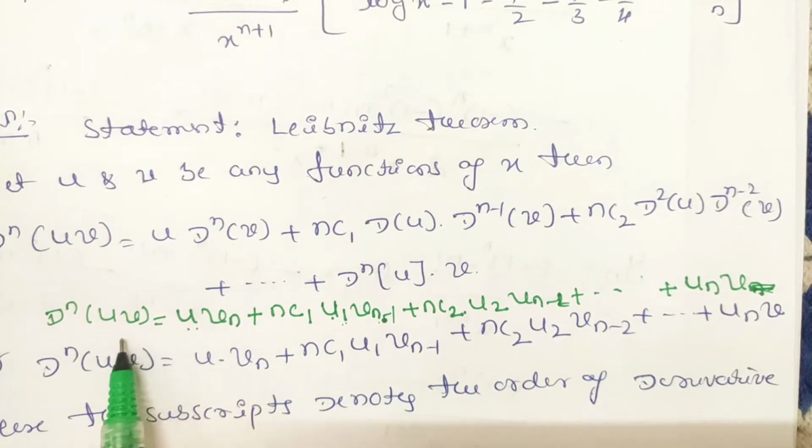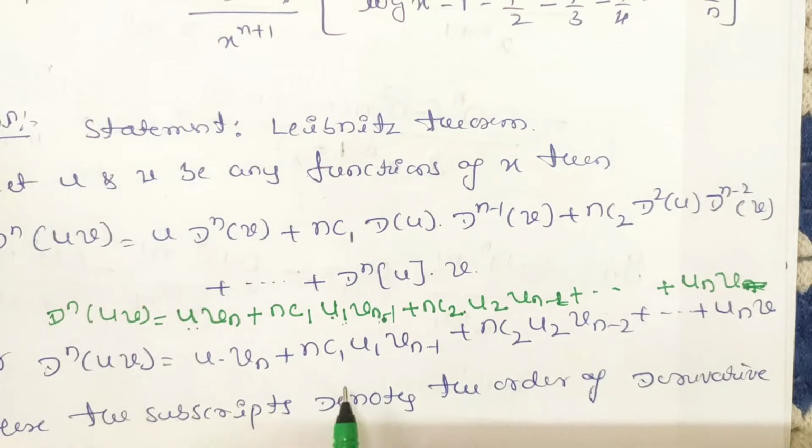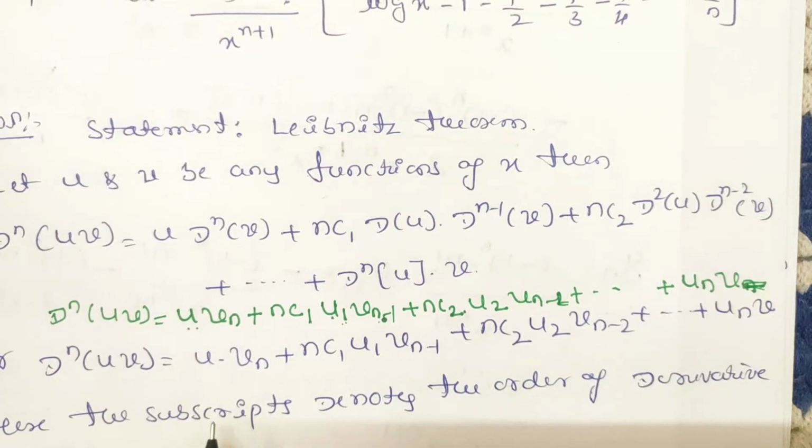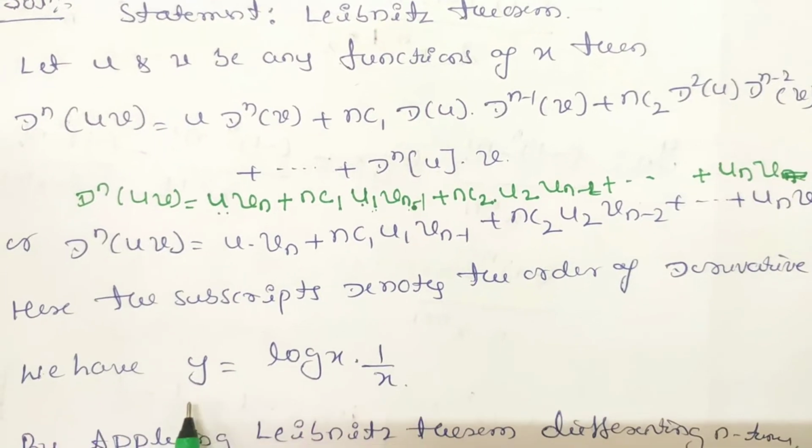Algebraic functions you can always choose as first term, so that its derivative vanishes after some terms. Okay, so this is the statement of Leibniz theorem. Here the subscripts denote the order of derivatives. Let us take the example of this one.